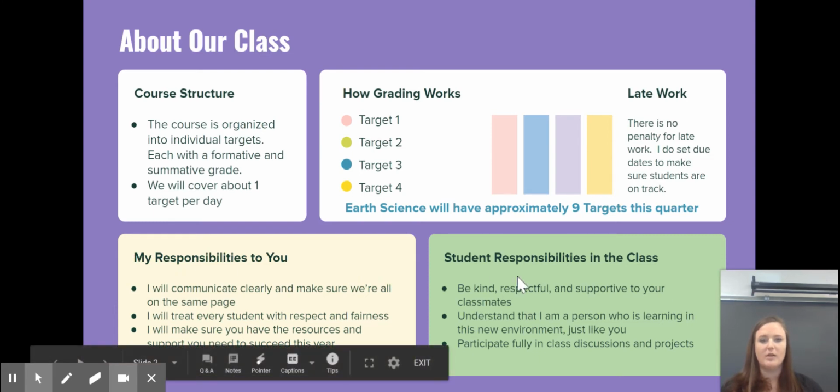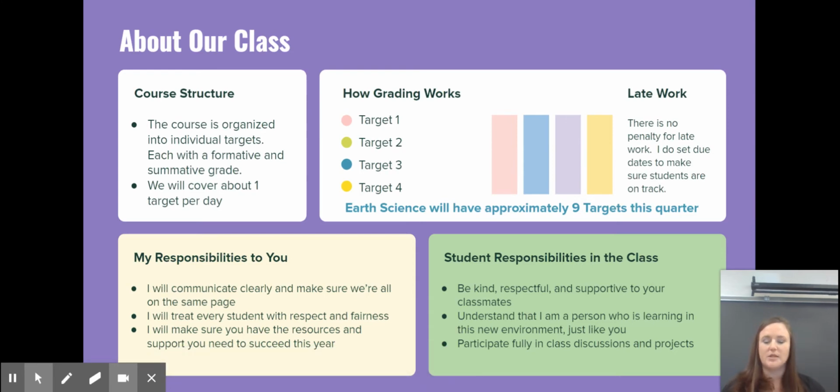In the gradebook, remember that formative grades no longer count towards their quarter score, but this gives them feedback on whether or not they should proceed on to the summative. The summative is what counts towards their quarter grade, and I plan on covering approximately 9 targets this quarter. So students will have approximately 9 grades that count towards their quarter score in the gradebook.